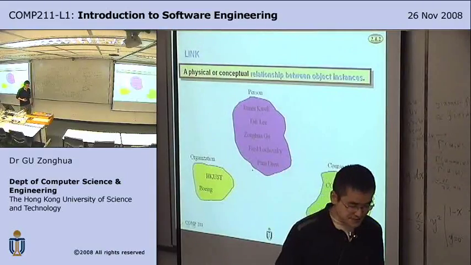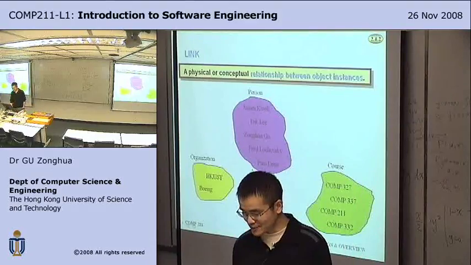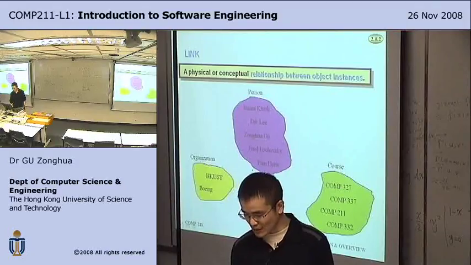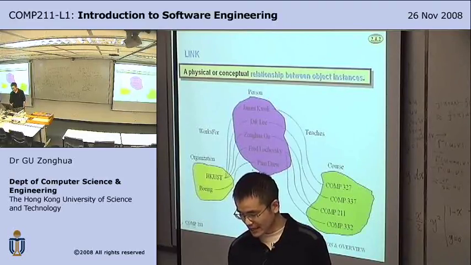So a link is a physical or conceptual relationship between object instances. So person, organization, and course. Fred works for an organization, teaches a course, and so on.